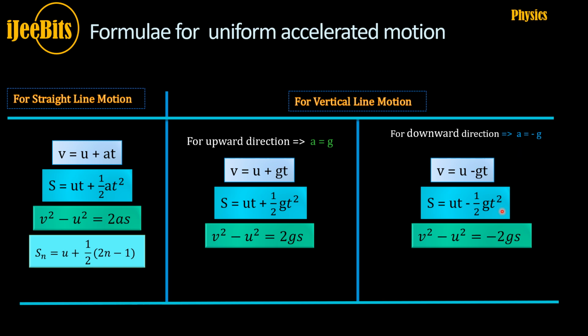Then all the formulas become v = u minus gt, s = ut minus half gt square, v square minus u square = minus 2gs.